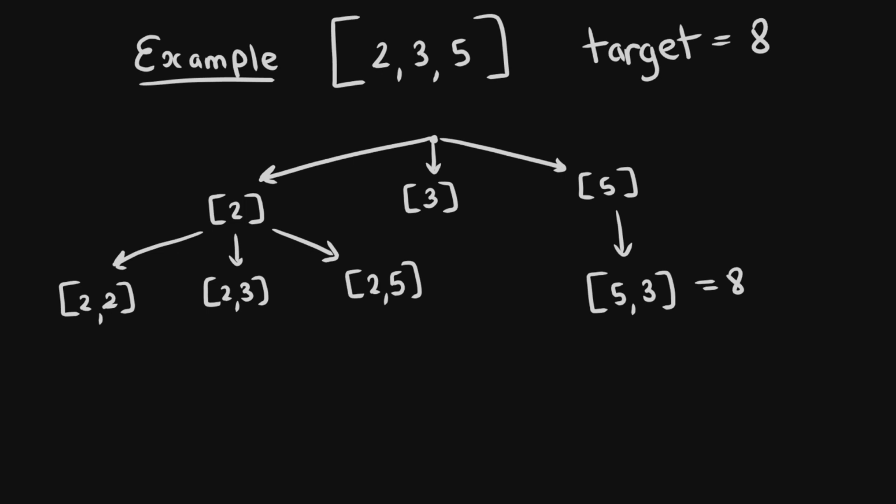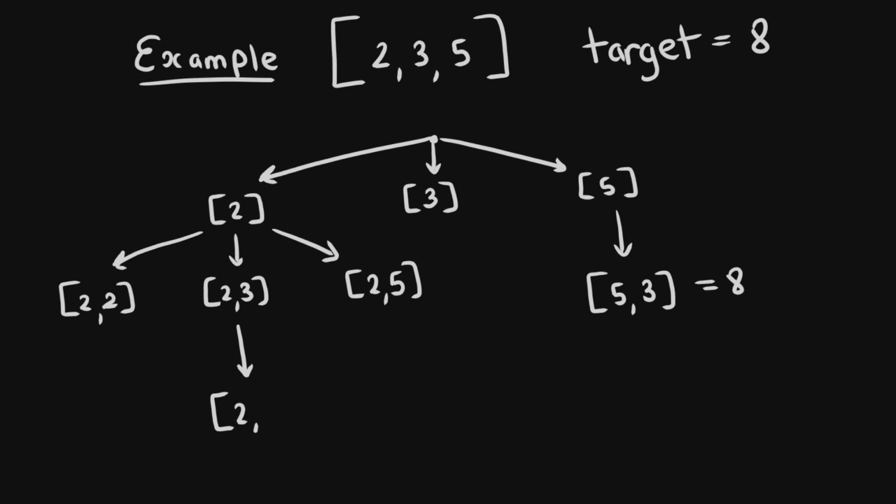So what is the problem with this approach? Well, the thing is, we'll actually end up getting duplicate combinations. For example, let's take a look at this value here, 2, 3. Since it's less than the target, which is 8, we can add another 3 value.